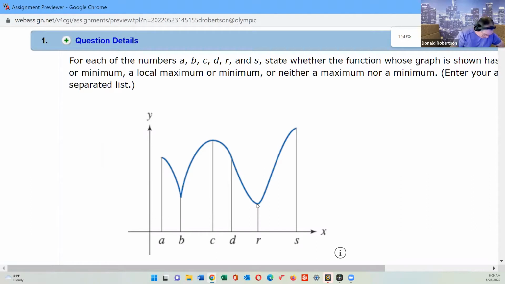Now we have two other guys. These are called local max and local min. Now, you see this hill here at C? It is a hill, but would you agree it's not the highest point on the graph? That's called a local maximum, right? A small part of the graph which is higher than the rest of the graph near it, right?